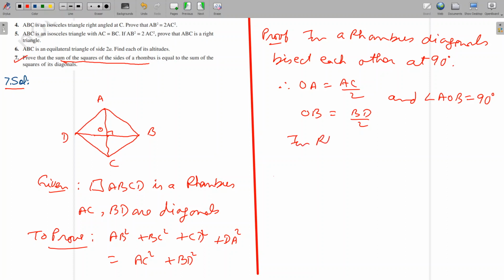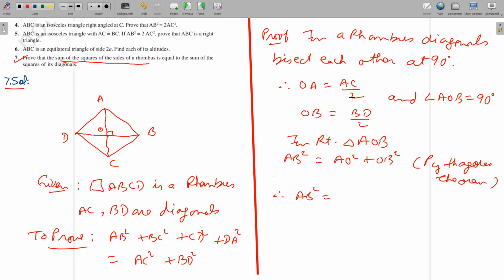In right triangle AOB, applying Pythagoras theorem, we get AB square equal to AO square plus OB square. Therefore, we put the value of OA, that is AC by 2, whole square, plus the value of OB, that is BD by 2, whole square.